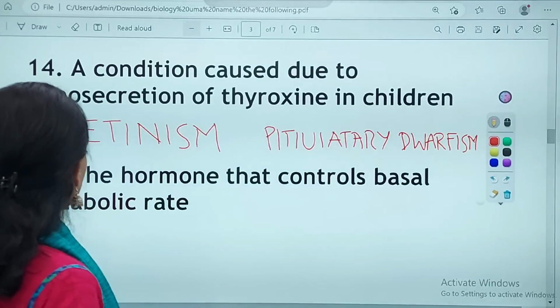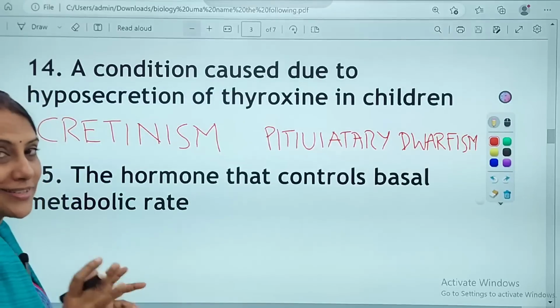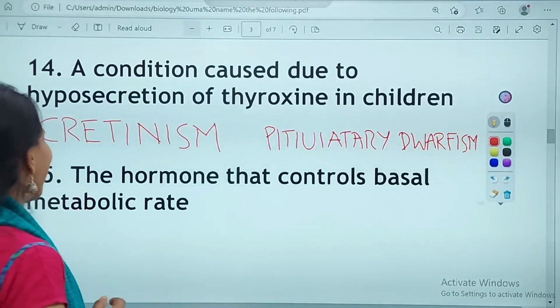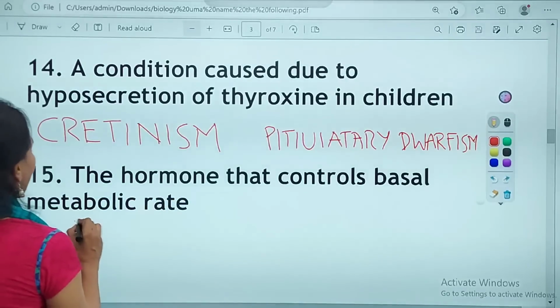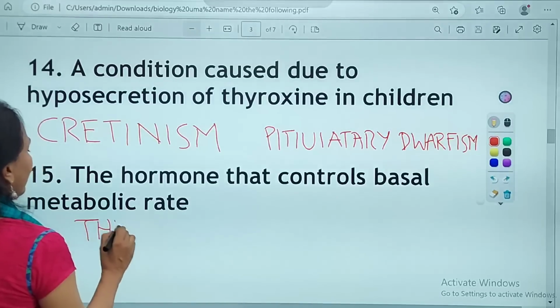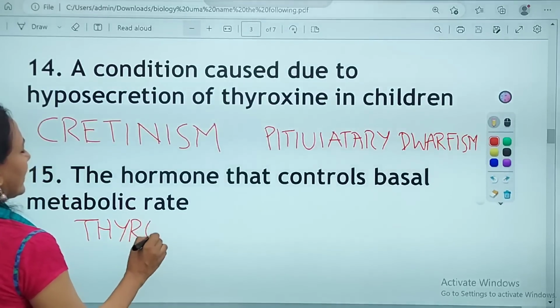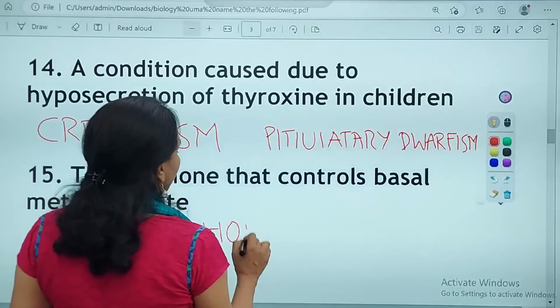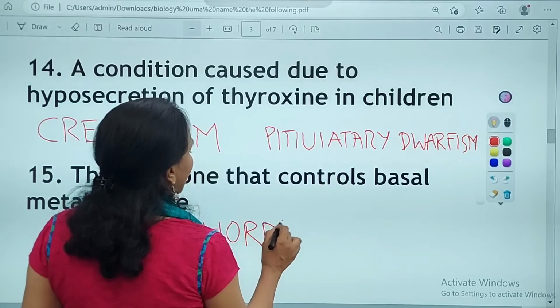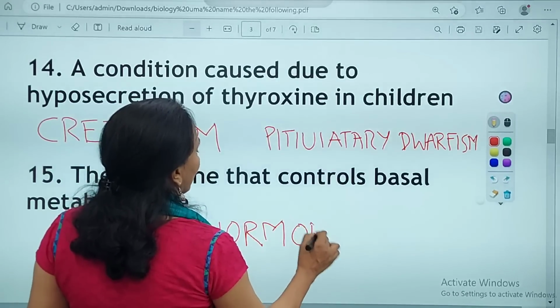The hormone that controls the basal metabolic rate, I just in fact gave you the answers. The hormone that controls the basal metabolic rate is called the thyroid hormone. You can write the thyroid hormone, okay? What is the basal metabolic rate?